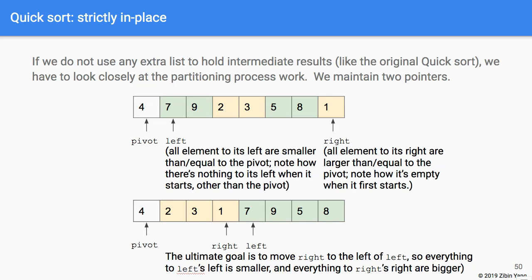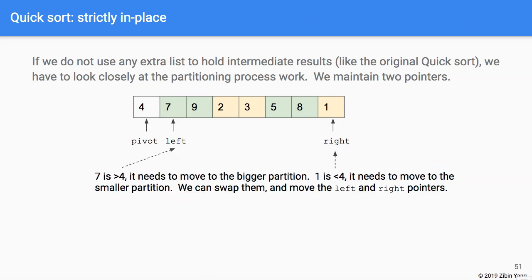All right, so now let's look at how the partitioning process actually works. When we first start, left is pointing to 7, right is pointing to 1. The number that left is pointing to is 7. It is bigger than 4, so we know this is in the wrong place, because on this side, it should be something that is smaller.